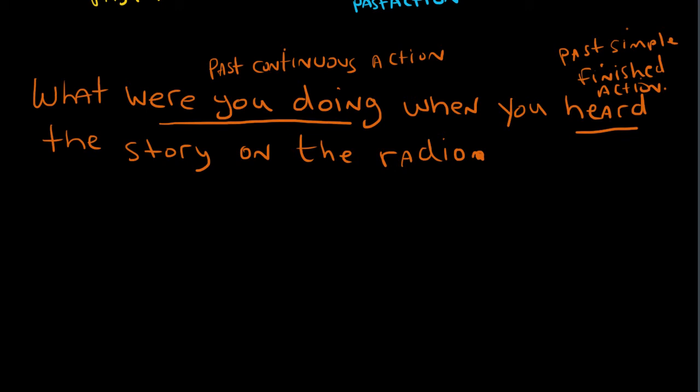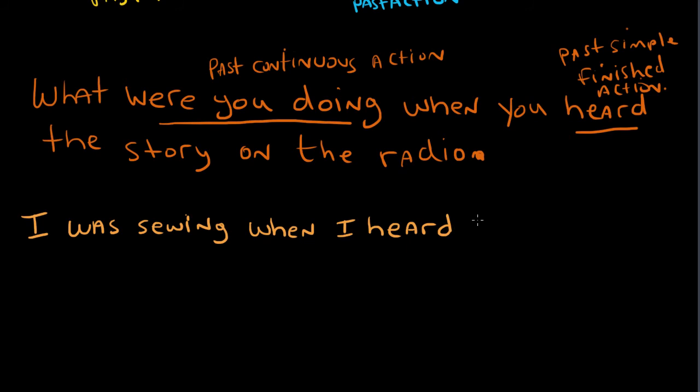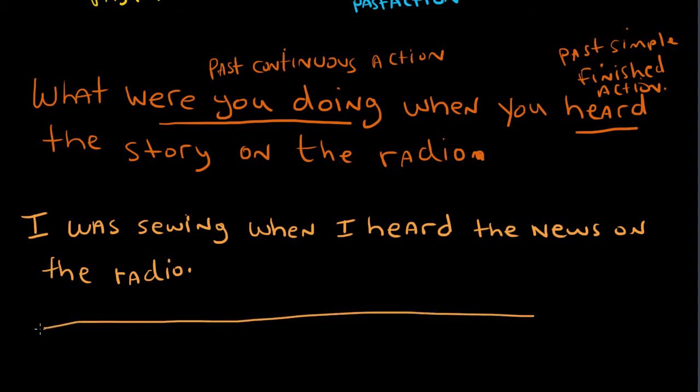So the answer to this question might be, I was sewing when I heard the news on the radio. So if we drew a timeline, it would look like this.